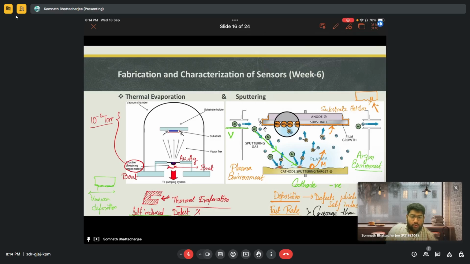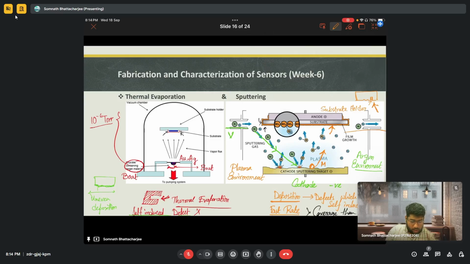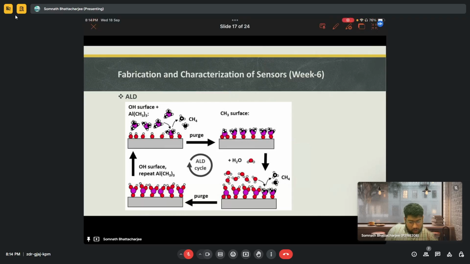Now, one of the most innovative techniques is ALD, or atomic layer deposition. What happens in atomic layer deposition is that the substrate is here. Maybe I'll draw this. So a substrate is here, right?